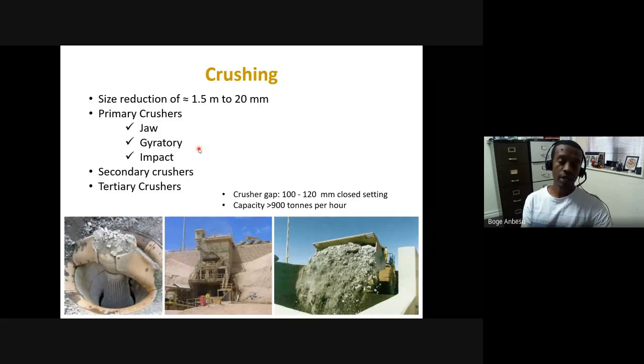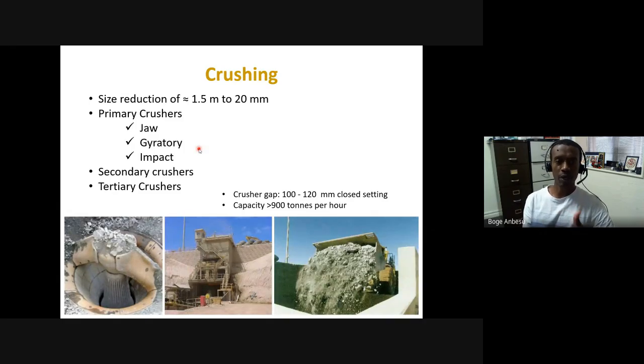If, for example, I say I have a competent rock hardness of maybe about 15 kilowatt hour per ton, my capacity is around 400 tons per hour. When I mention those things, I'm hoping maybe you're thinking more like a jaw crusher rather than a gyratory or impact crusher.